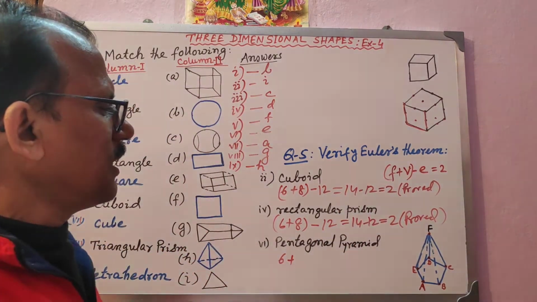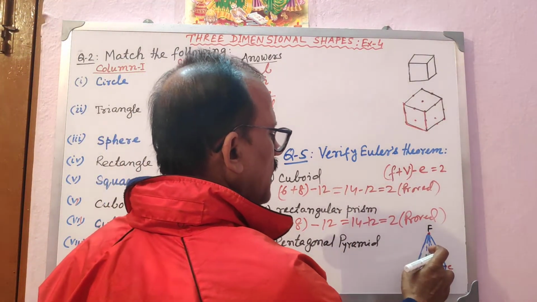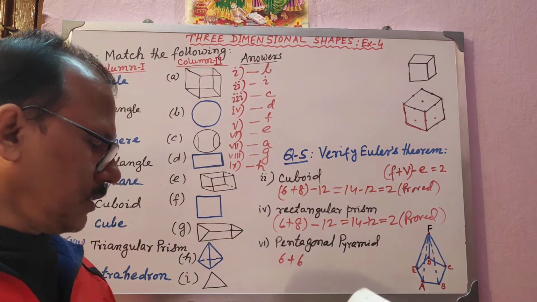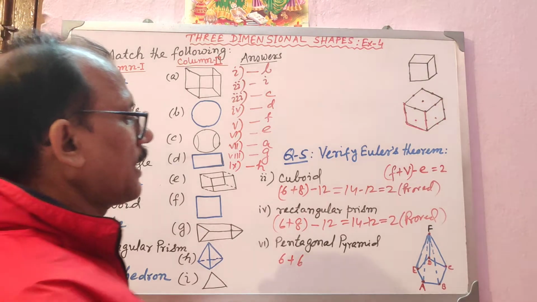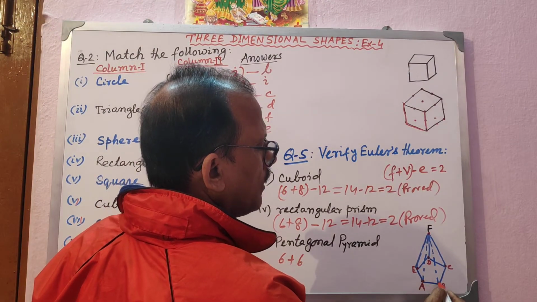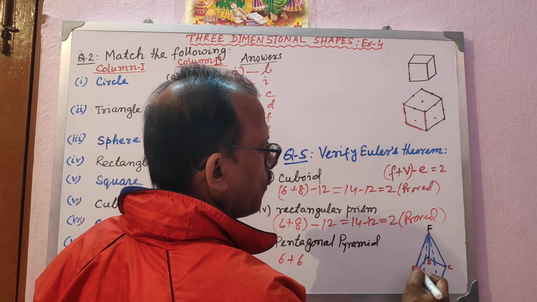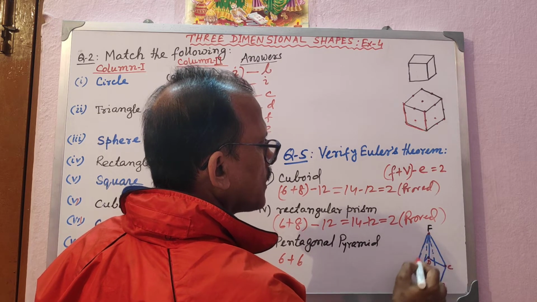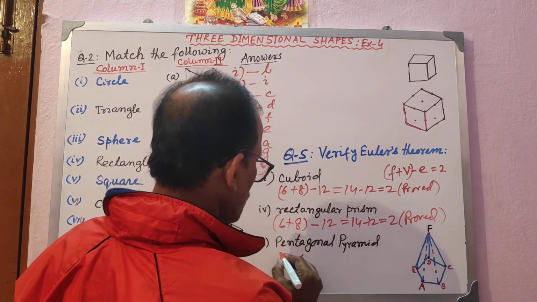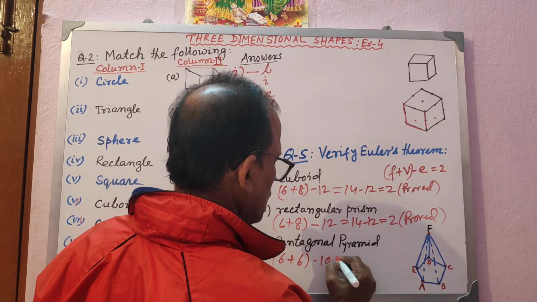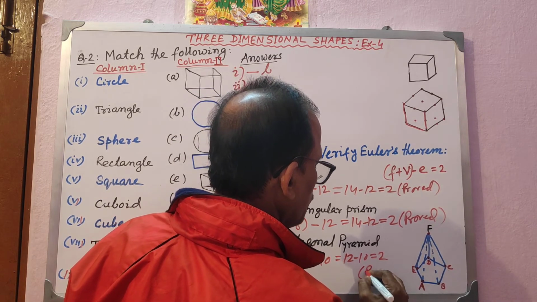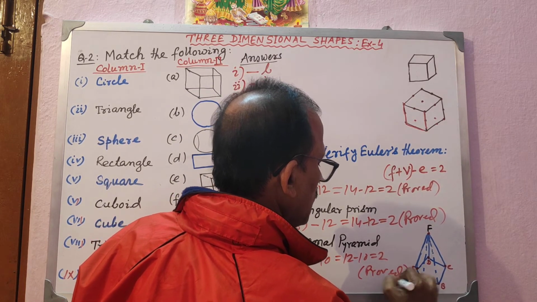How many vertices will it have? 5 plus 1, 6 vertices, isn't it? And how many edges? I count AB 1, 2, 3, 4, 5, 6, 7, 8, 9, 10. So it will become 12 minus 10, which is equal to 2. Proved. Euler's theorem proved. Could you understand?